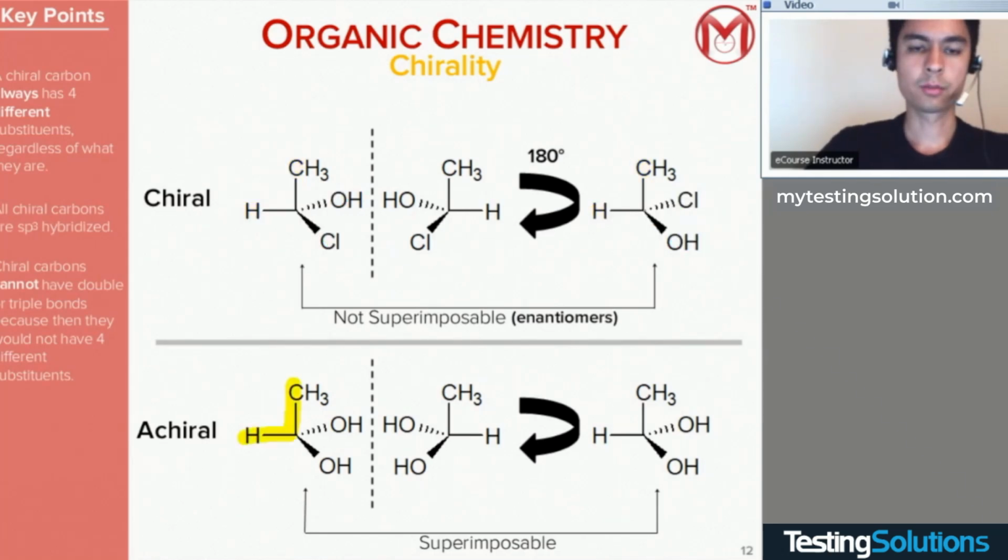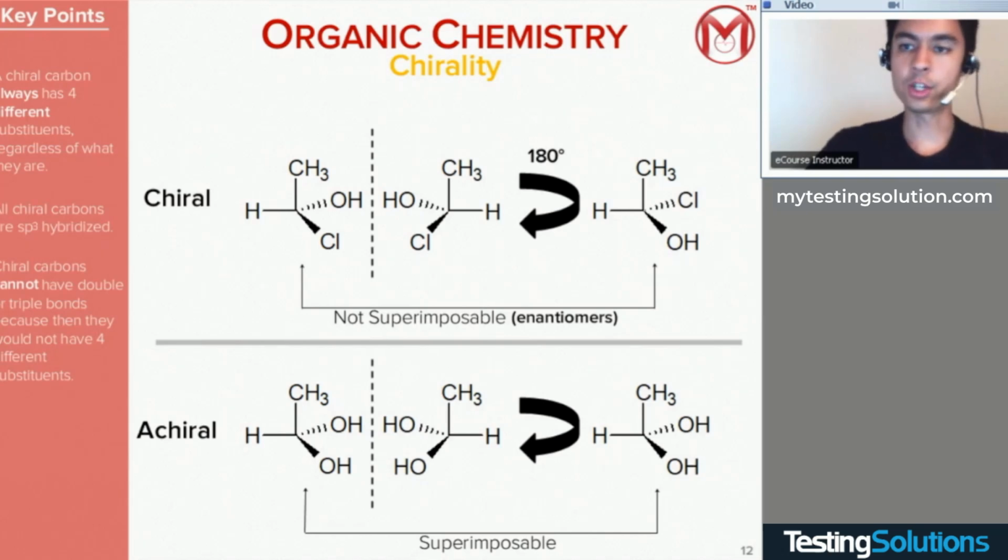For example, in this diol down here, you can see when I look at the mirror image and I turn it around, everything does match up. Its mirror image is the same as itself. So the takeaway here is that some molecules are chiral.